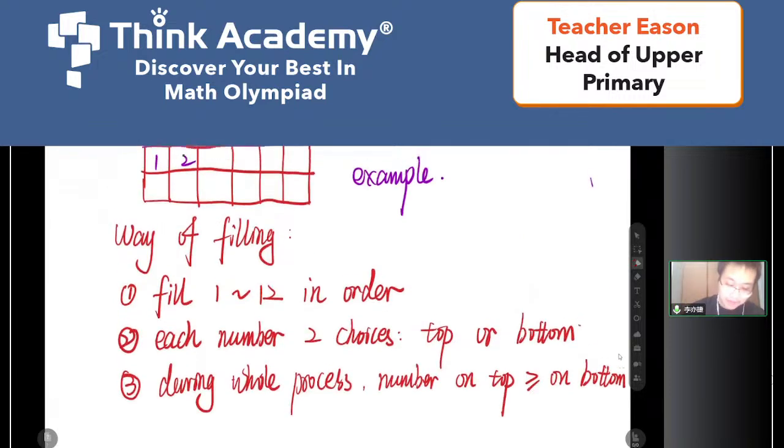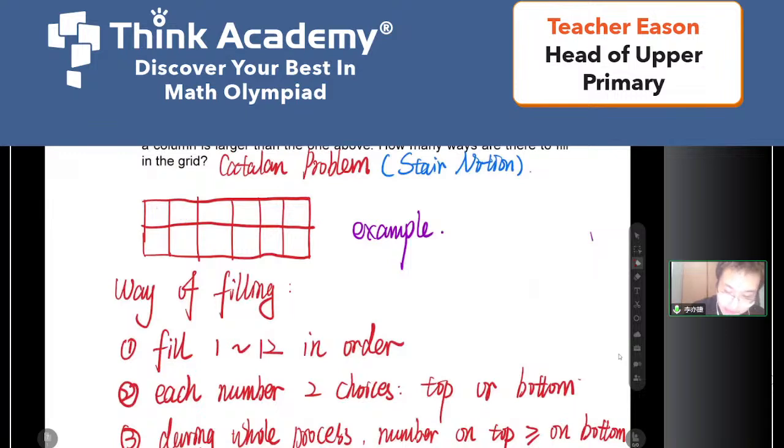Why is that? For example, when we write this 1, 2 rows are empty. So we can only put 1 on the top instead of the bottom. Why? Because if we write 1 to the bottom, how do you write the top? It must be some number larger than 1, which is not correct, right?